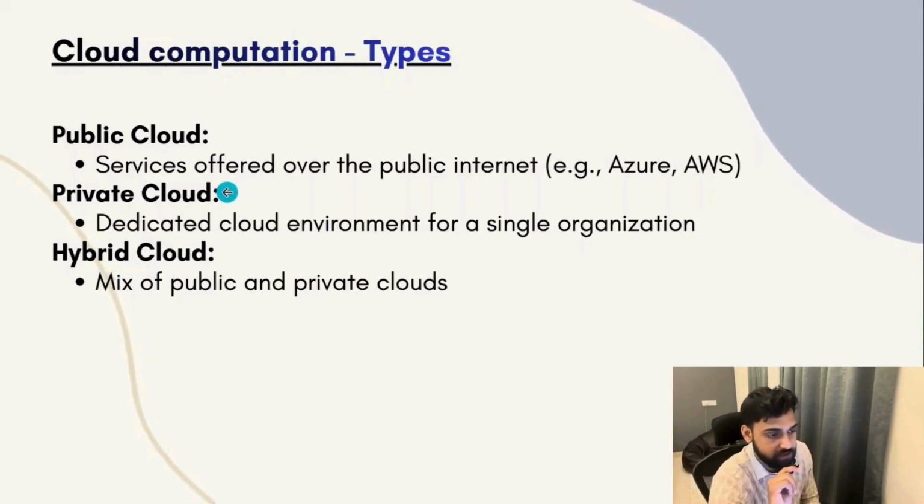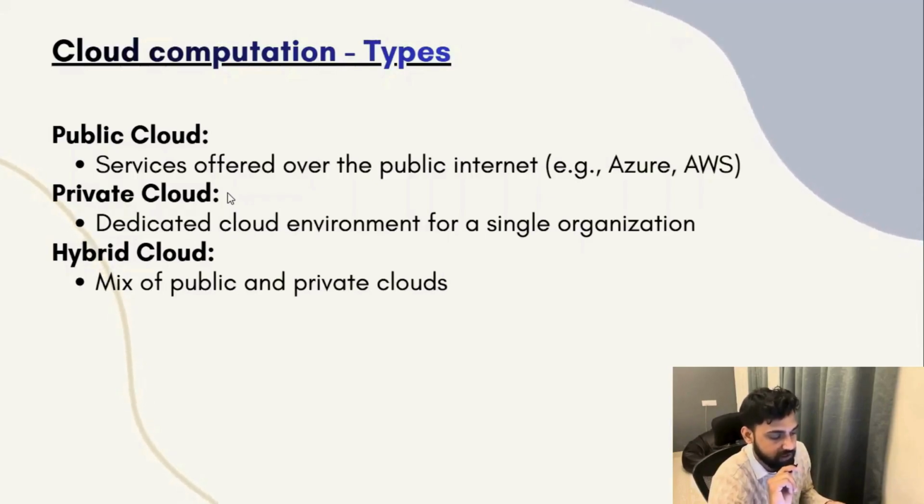Because a bank is a secure thing, they can't push the data to the cloud. Even though the public cloud is secure, sometimes when a company doesn't want to push its sensitive information to another place, it creates its own servers and its own memory at its location. So that is a private cloud.